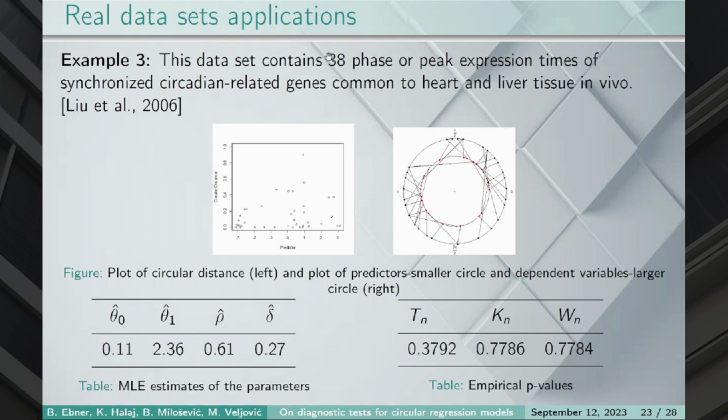But based on sample size, this model performs quite well, which is also reflected in the p-values. I don't know if I mentioned, but for circular distance, here we use half of 1 minus the cosine of the difference between response and predictor.